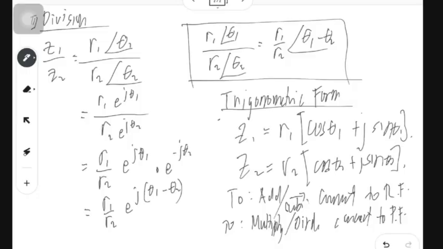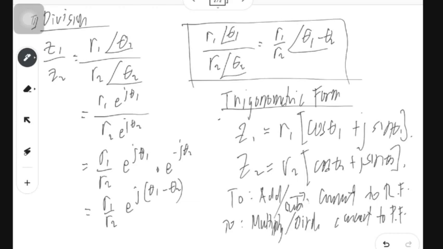No? And under the exponential form, sulat ko na nga. For the exponential form, that is z equal to r e to the j theta. So let's say addition o kaya ay subtraction. What you have to do is convert to rectangular form.